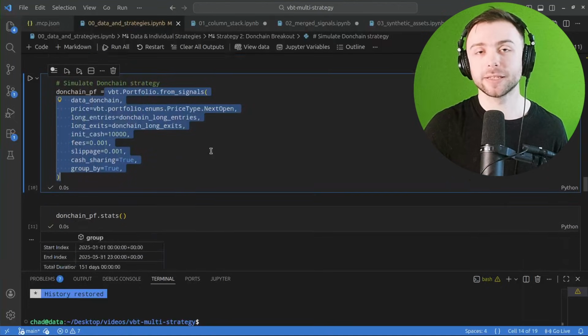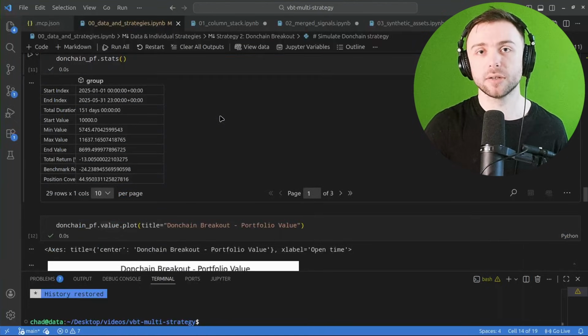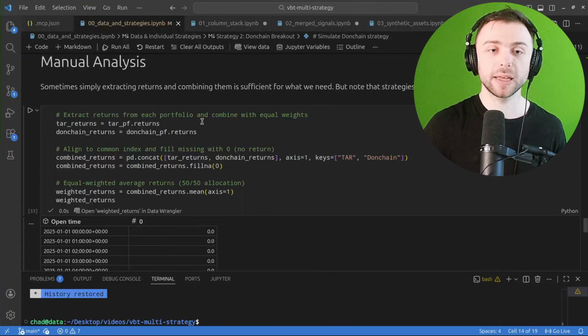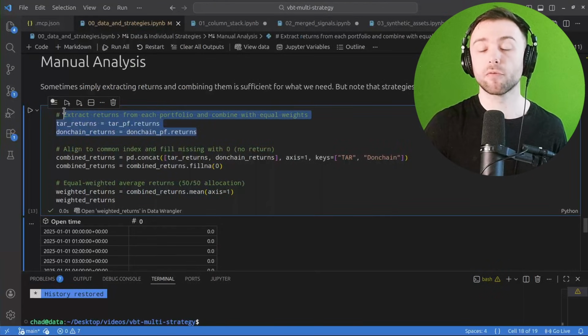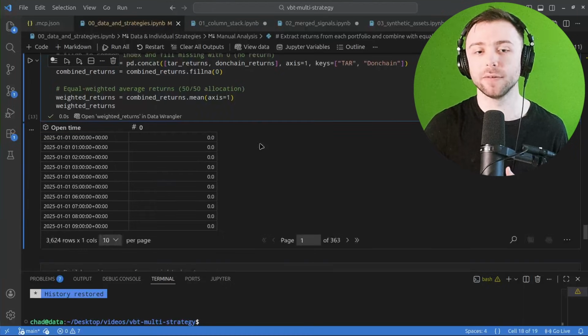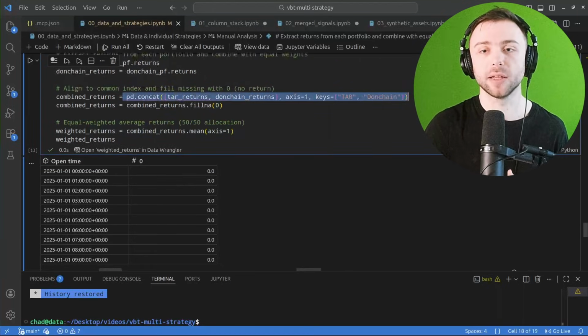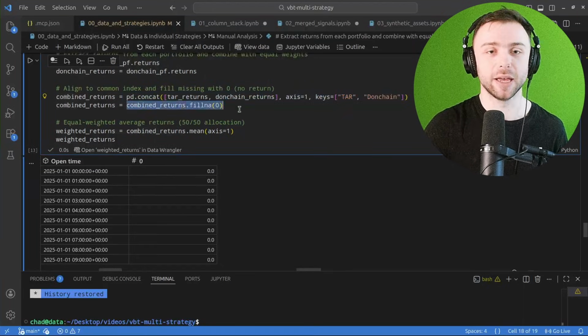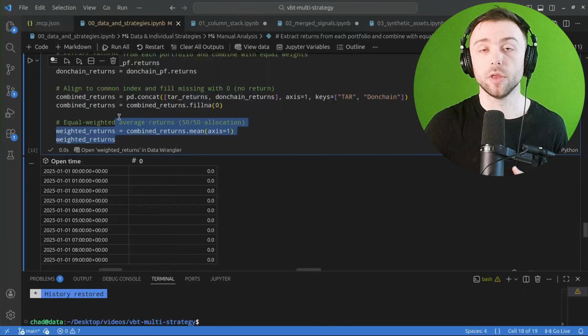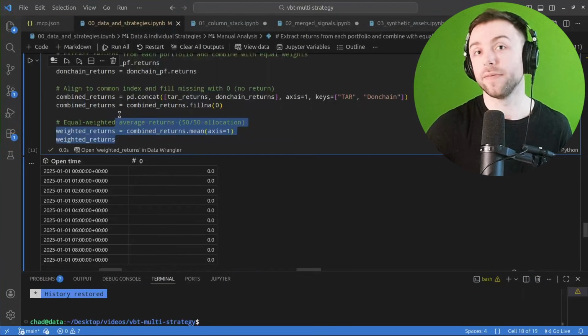So they're two completely separate strategies right now. They don't interact with each other at all. We're just pulling the return series from each portfolio and combining them in some sort of weighted format, so we can join them into a pandas series and then, in this case, average them across the two columns, which will give us the returns that you would get in a 50-50 portfolio.